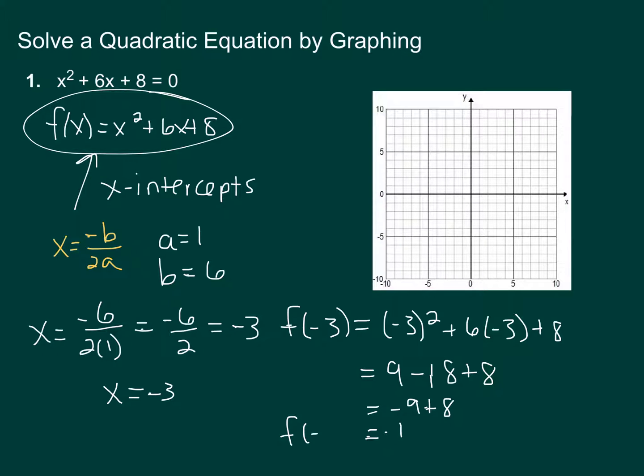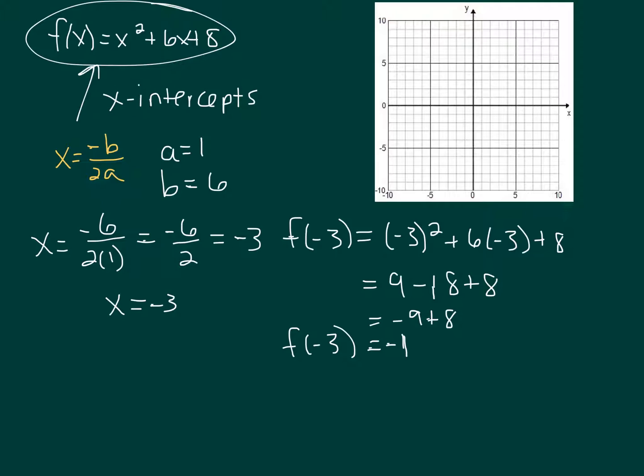It's a little sloppy. Sorry about that. And then, so that is our vertex, negative 3, negative 1.